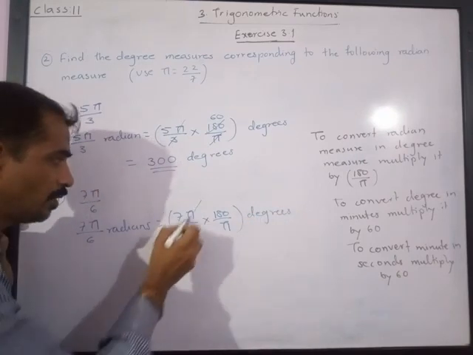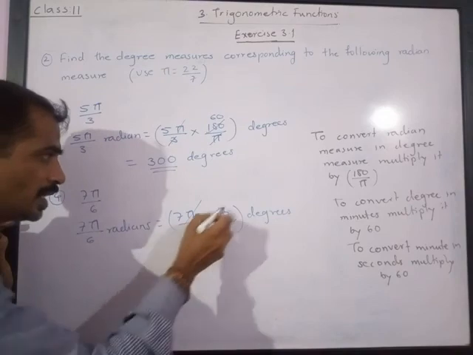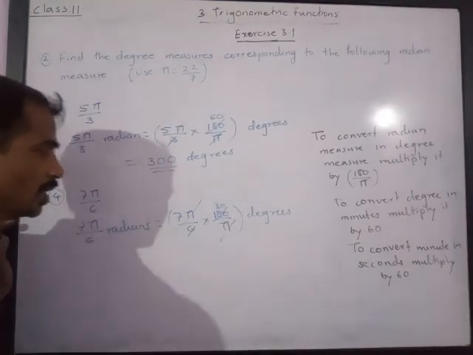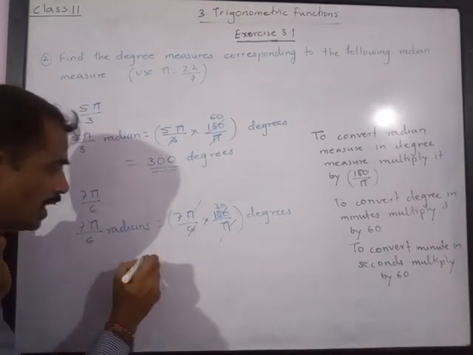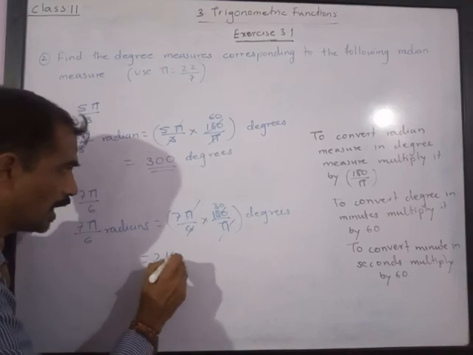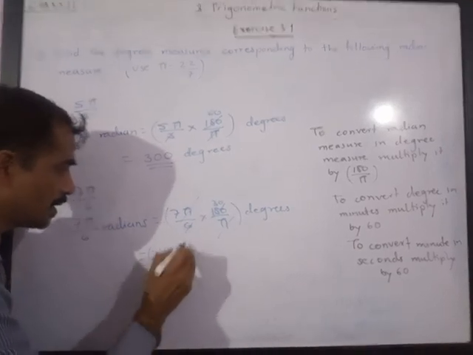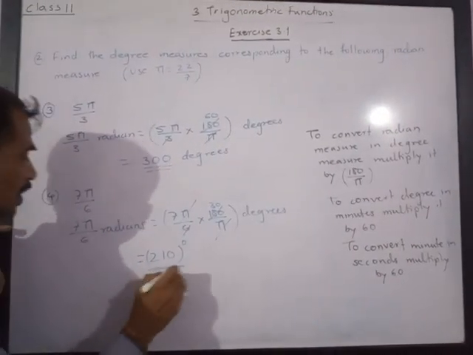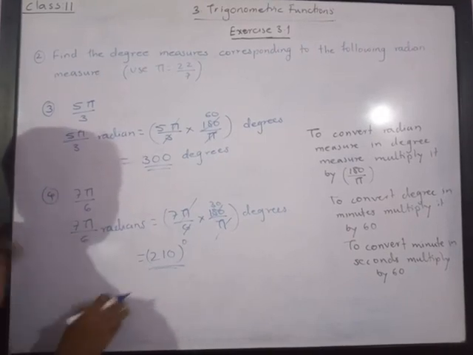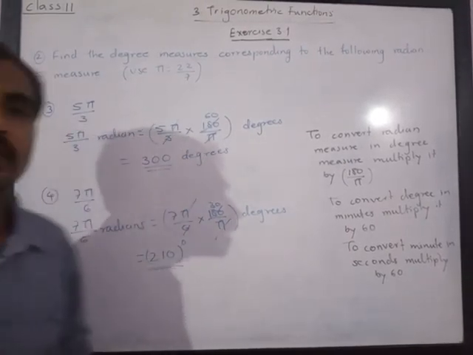Again you will notice pi is reducible. 6 threes are 18, 6 zeros are 0, 7 threes are 21. So the answer is 210 degrees. So 7 pi upon 6 radians is equal to 210 degrees.